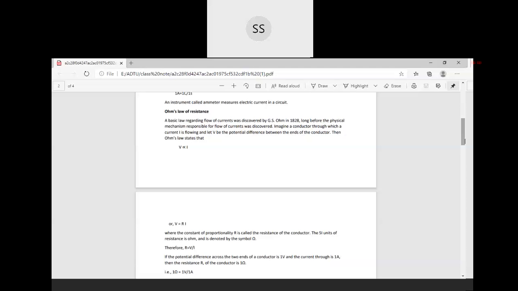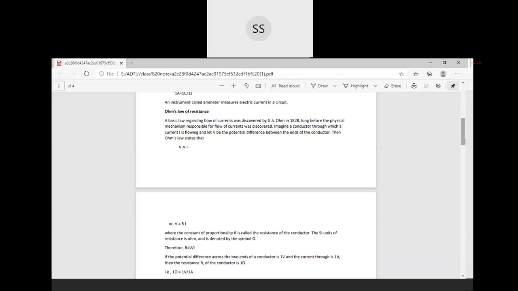So what is the formula of Ohm's law? V equals IR. According to Ohm's law, the potential difference across the conductor is directly proportional to the current produced in the conductor, and V equals IR, where R is the resistance of the circuit or resistance of the conductor.